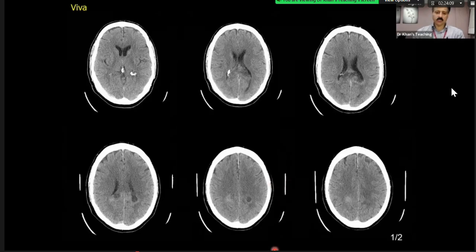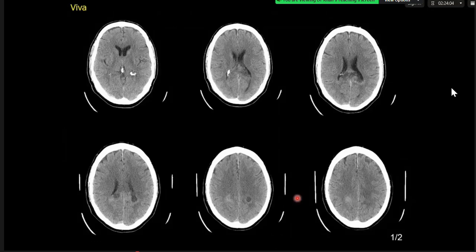Okay, candidate 2, please describe this case. So this is multiple images of the CT brain, in which I can see there is a rounded hypodense lesion involving the left parietal region.